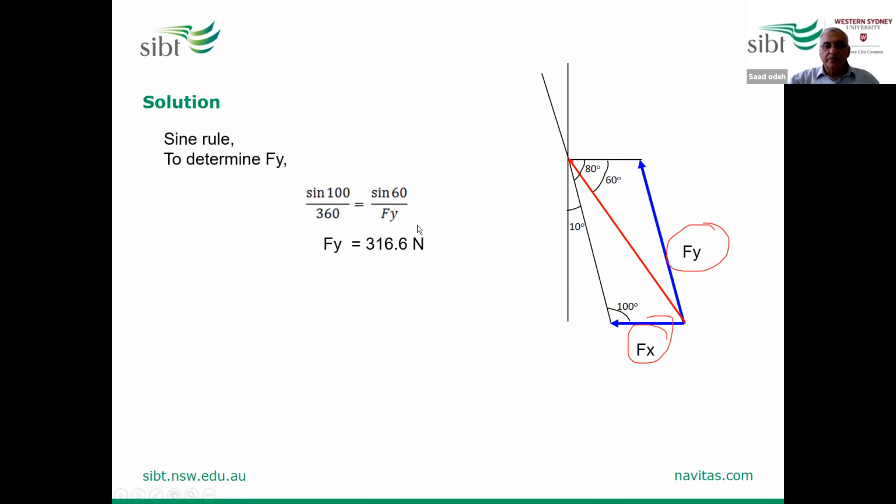You can either apply the sine rule if you have the right information or values to find the unknown force, or you can use the cosine rule if you know the angle between two forces. In this case, we don't have the angle between two forces, but we already have the other angle, so we can easily apply the sine rule and find the unknown forces Fx and Fy.